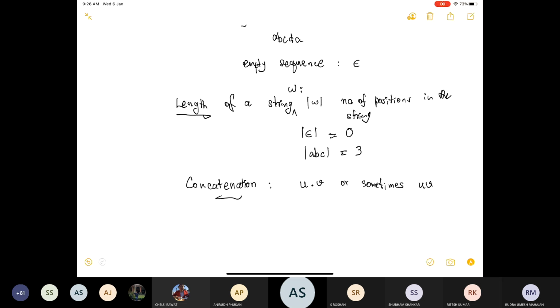What is this new string? It's the string U followed by the string V. You append the sequence V at the end of U. So that's concatenation.